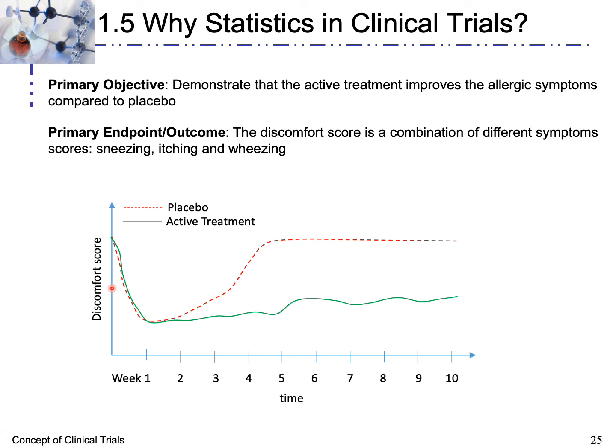And this phenomenon is known as the placebo effect. It's very well known in studies involving painkiller or anti-allergic drugs. So if one limits the observation to the first few weeks, the experiment concludes no added value of the active treatment, while beyond 3-4 weeks of assessment, it's obvious the active treatment improved the patient condition.